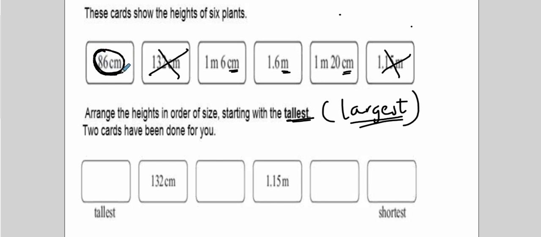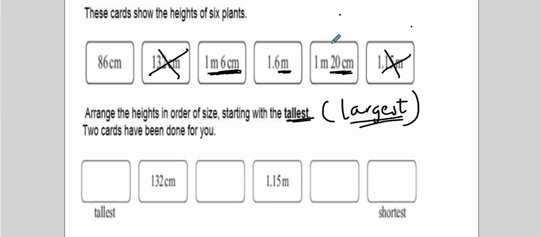We have to change 86 centimeters into meters, because plenty of numbers are in meters, so we can change 86 centimeters into meters.